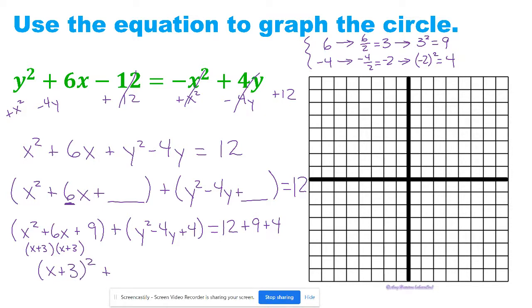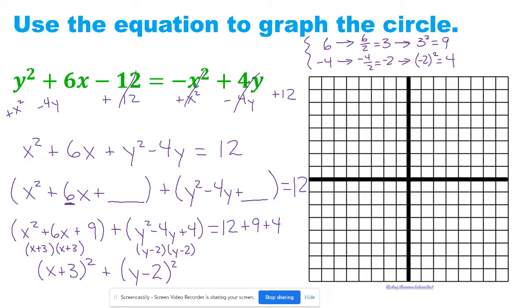I can do the same thing with the y's. If I think of two numbers that multiply to give me positive 4 and add to give me negative 4, it's going to be negative 2 and negative 2. So this is going to be y minus 2 squared. So by adding those numbers, we were able to get something that factored down to a perfect square.